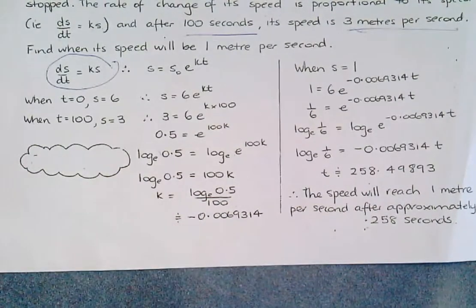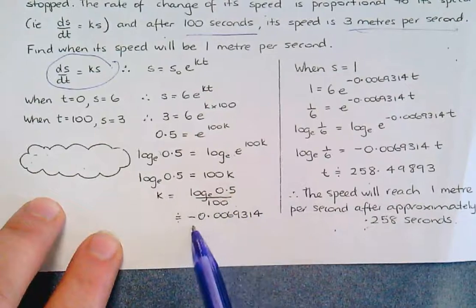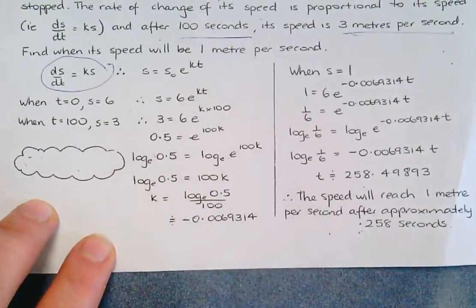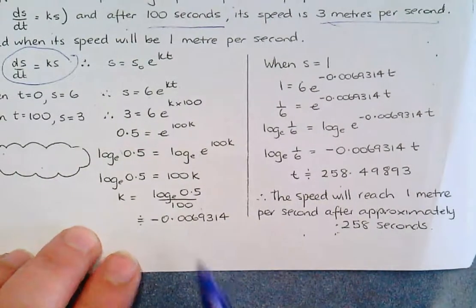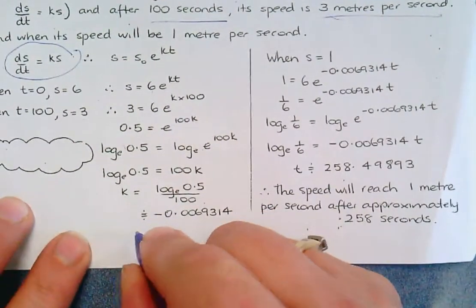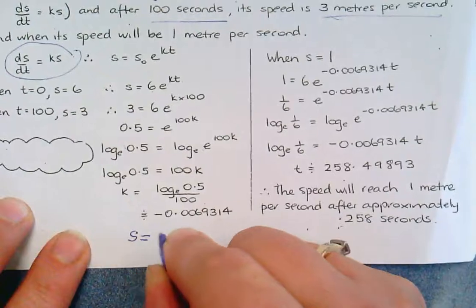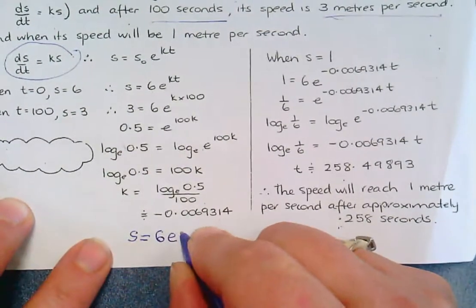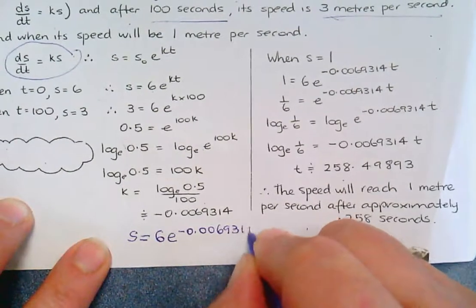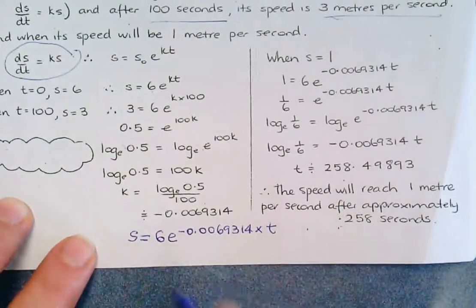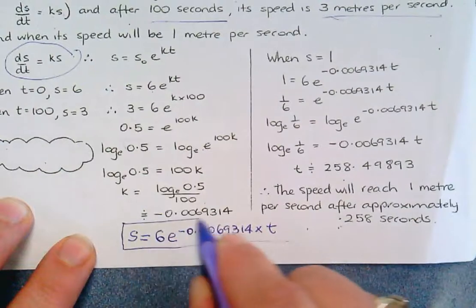Girls, the ln of a fraction between 0 and 1 is negative. So we get negative 0.0069314. Therefore, our new equation is s equals 6e to the negative 0.0069314 times t.